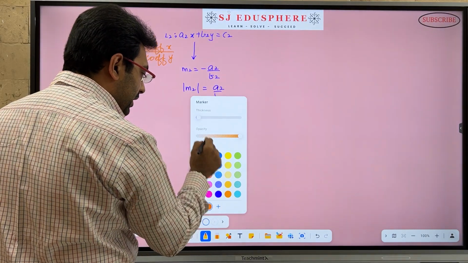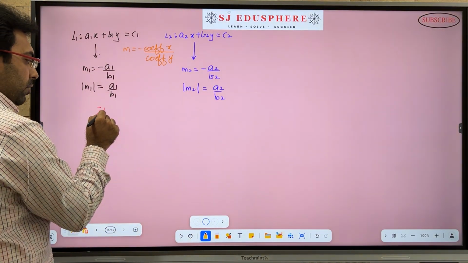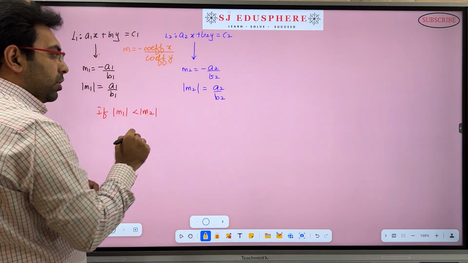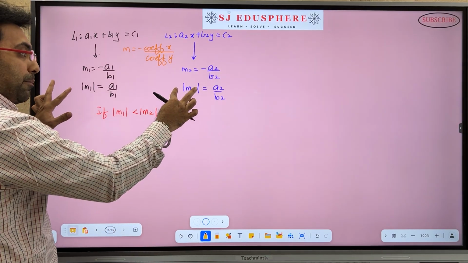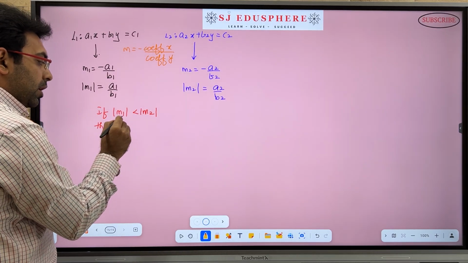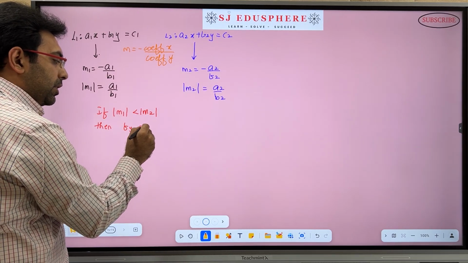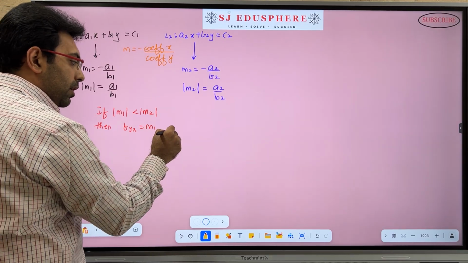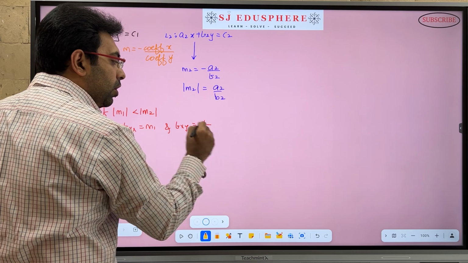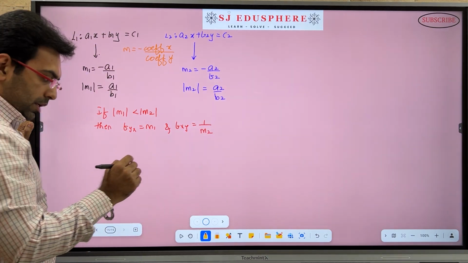Now students, if modulus of m1 is less than modulus m2, whichever absolute value is less, then byx will be the original m1 and bxy will be the reciprocal of the original m2.